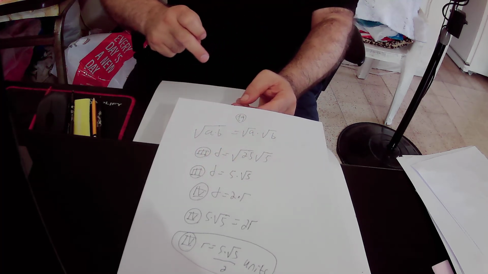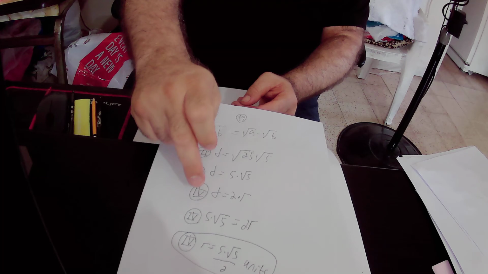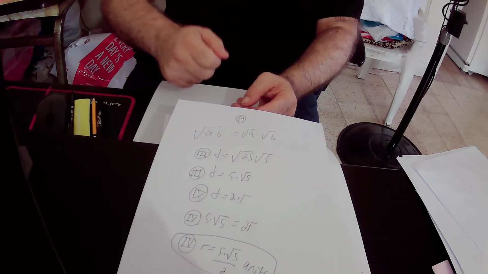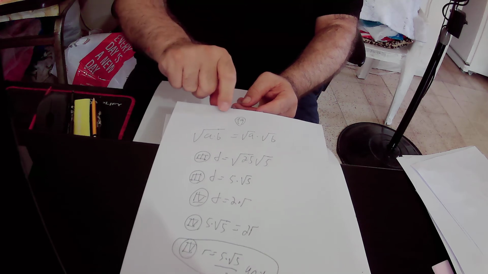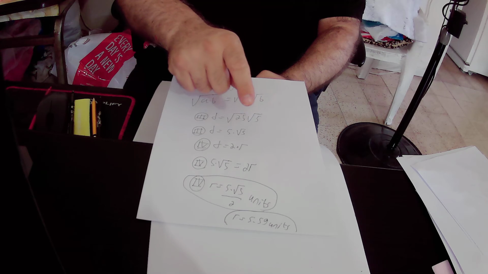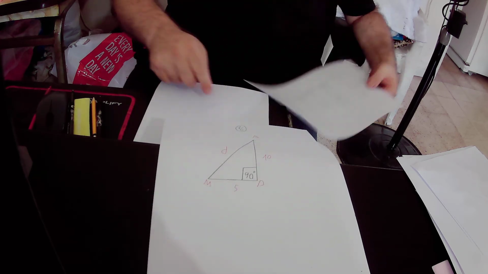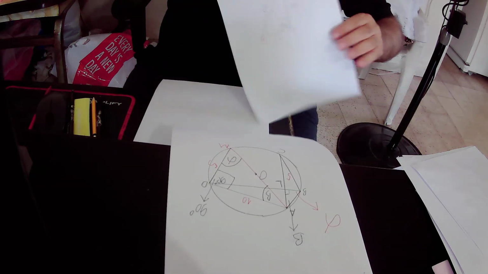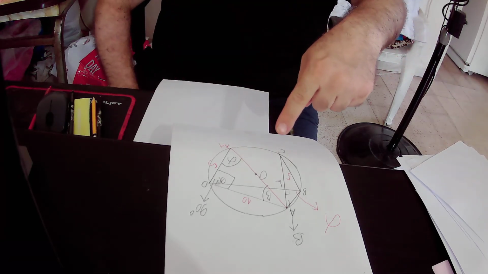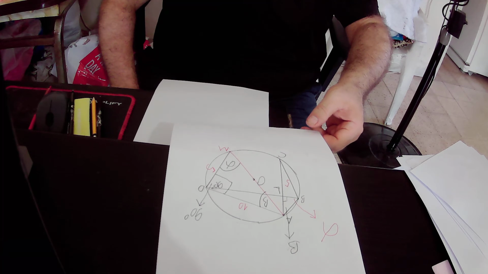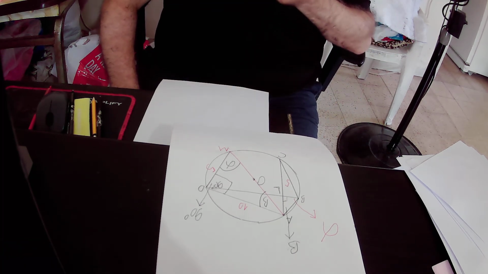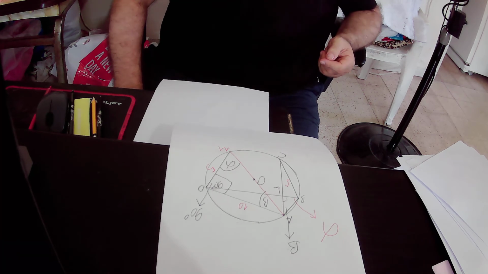We divided equation number 4 by 2 and got that the radius of the circle equals 5 times root 5 over 2 units.